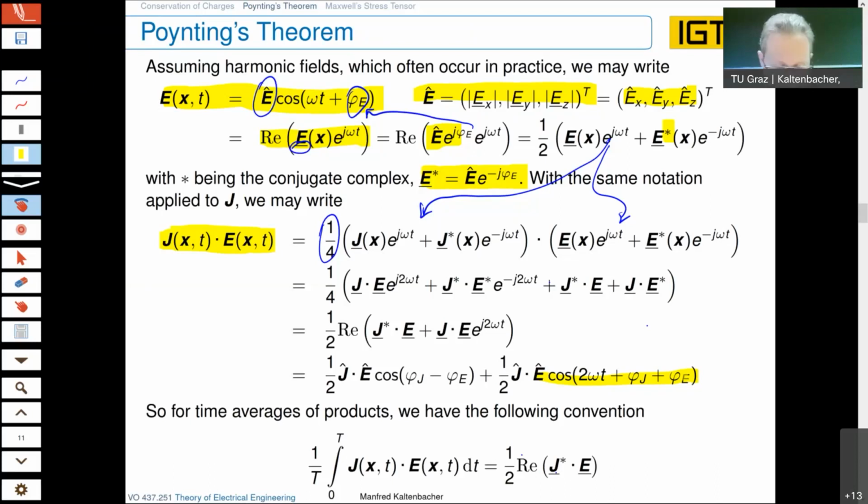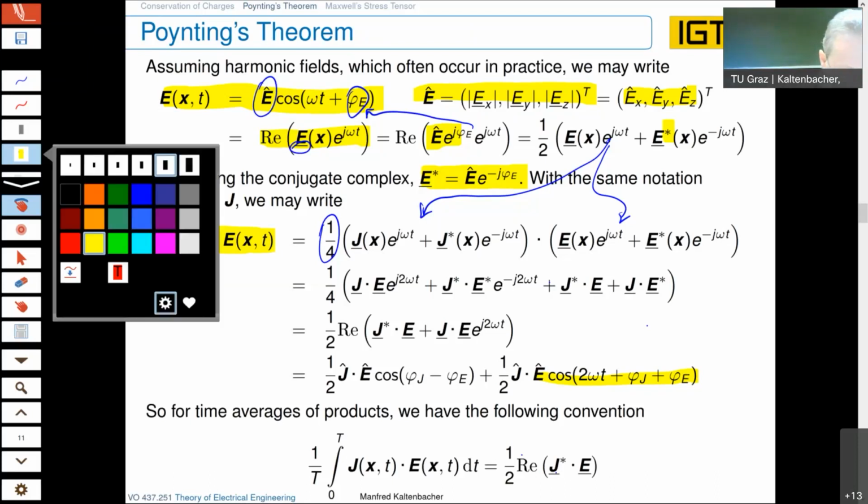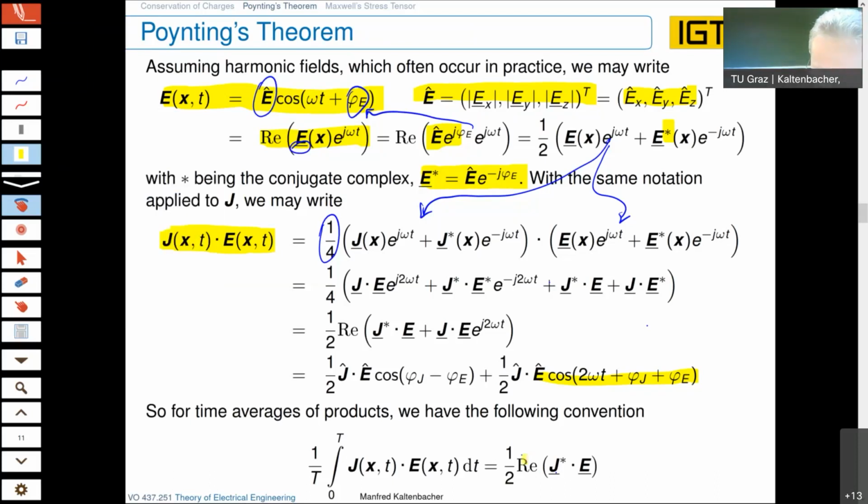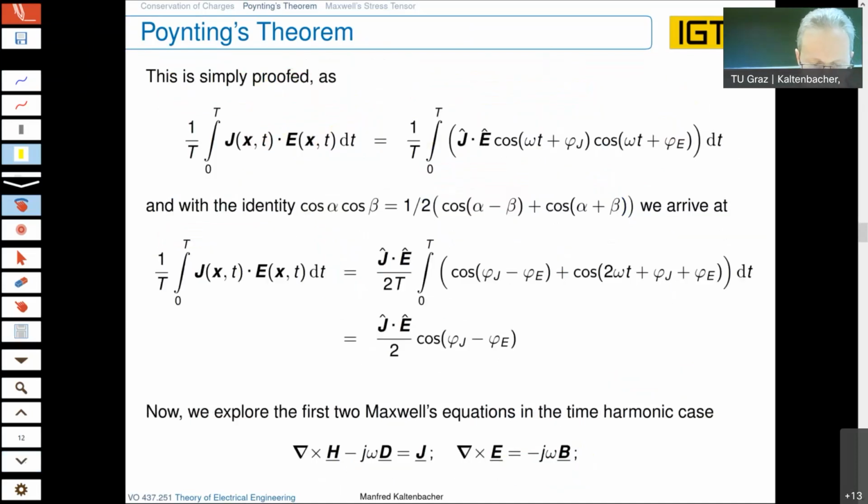So this cancels out, and we simply take 1/2 the real part of j complex conjugate dot product with e. So it's the same as you have already done for scalar quantities, for current and voltage, and computing the power. The proof, as we know, is simple.